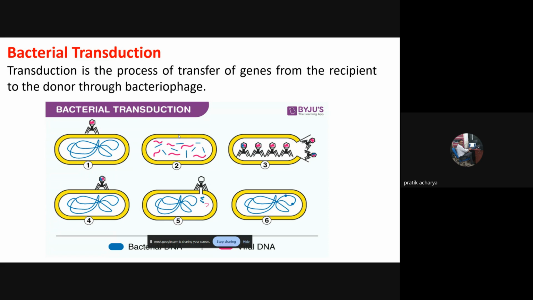Later, this is the multiplication of viral genome inside the bacterial cell, and this viral genome, when it aggregates a certain amount of protein, they become this kind of viruses. That means these viruses have bacterial genome property as well as viral genome property.